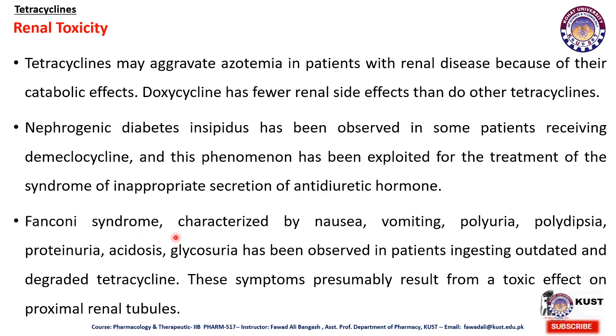Fanconi syndrome, characterized by nausea, vomiting, polyuria, polydipsia, proteinuria, acidosis, and glycosuria, has been observed in patients ingesting outdated and degraded tetracyclines. This presumably results from a toxic effect on the proximal renal tubules.